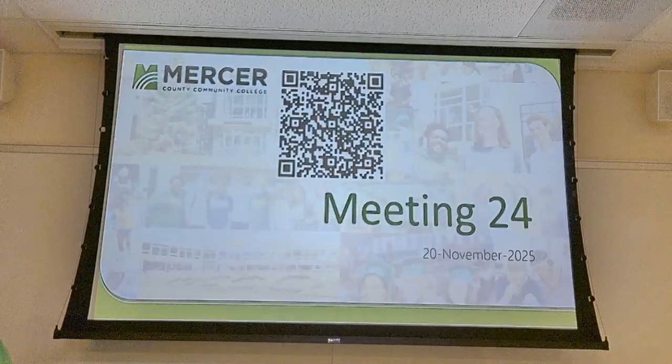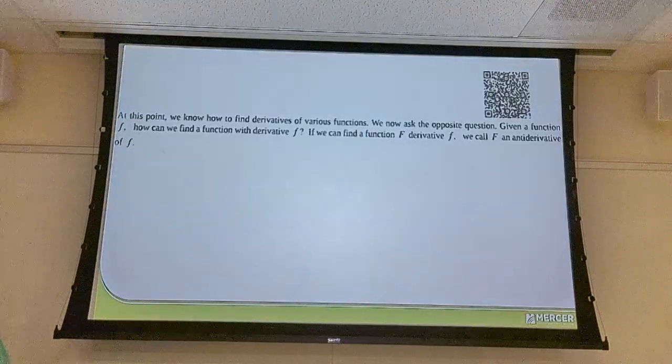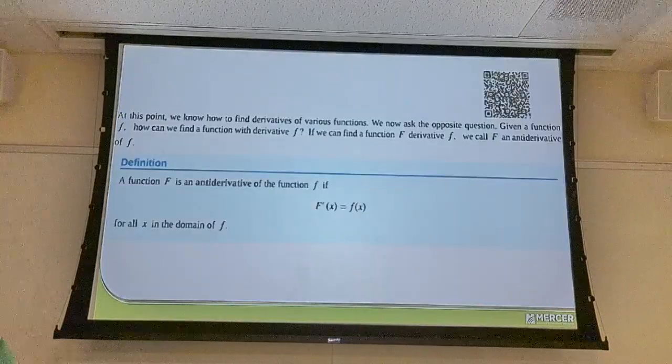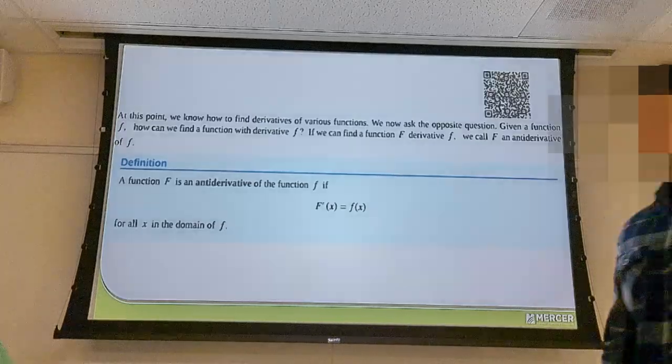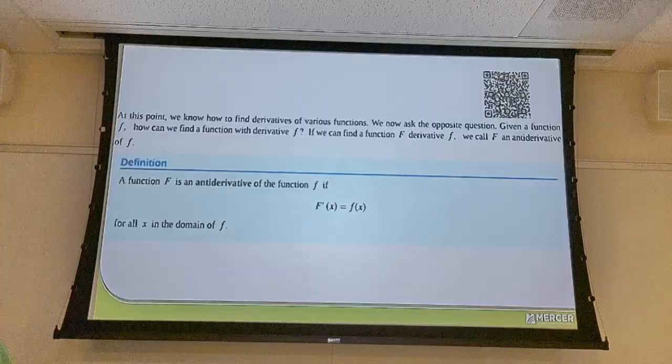So wouldn't it make sense that the derivative has an opposite as well? So something to undo a derivative. The antiderivative. This is called the antiderivative. Typically, an antiderivative will be represented with a capital letter. So we say that big F is an antiderivative of little f if big F prime is equal to little f.